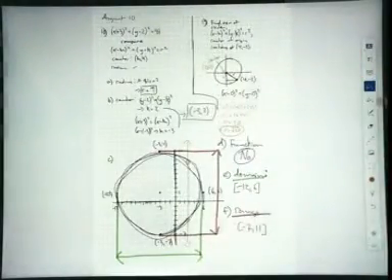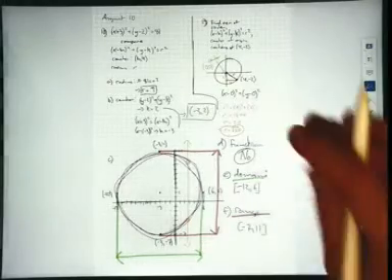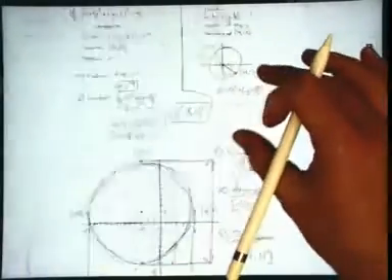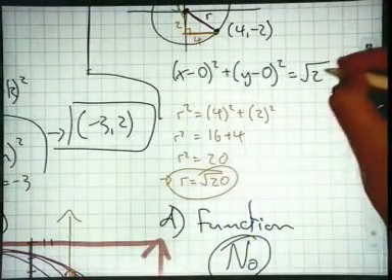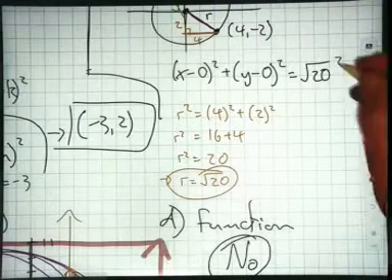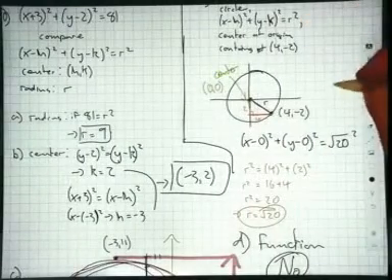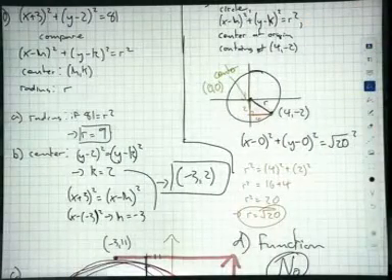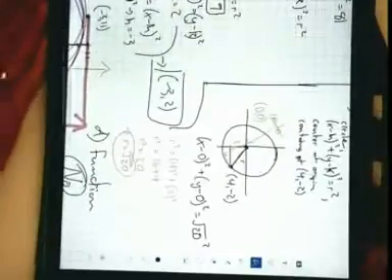Now we're going to fill in the rest of our information. It is equal to the square root of 20 squared. We're just creating this equation up here. So at this point we can give our final answer.